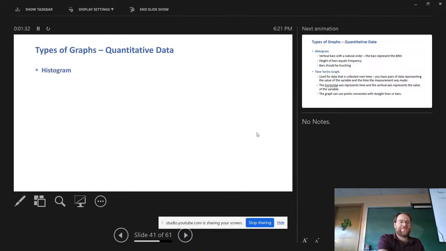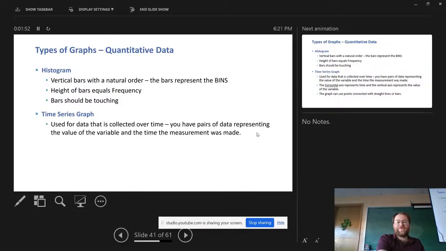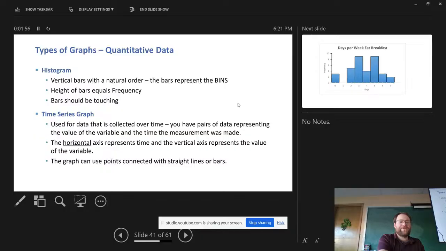Other ones that can occur are histograms. Basically, for histograms, think bar graph, but the rectangles all connect. So there's no space in between the rectangles. Time series graph, often used when time is involved.